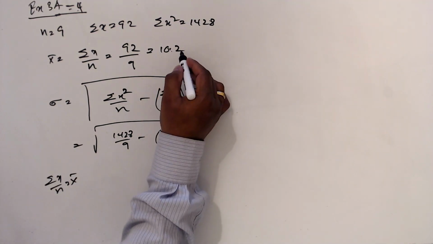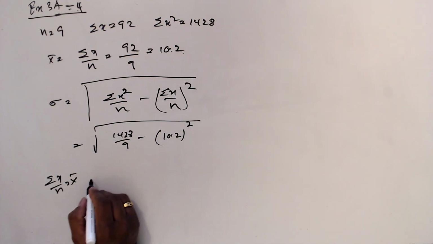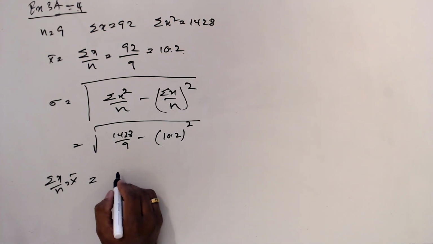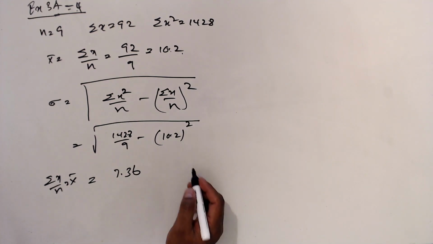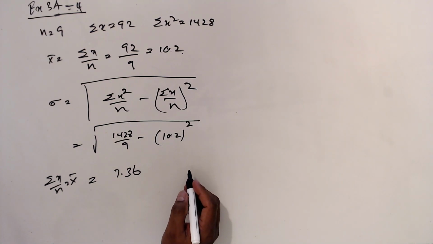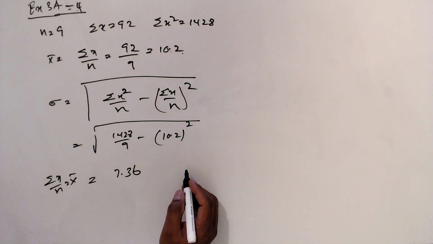X bar is 10.2. So this value is equal to 7.36. So sigma is 7.36. Then part B.